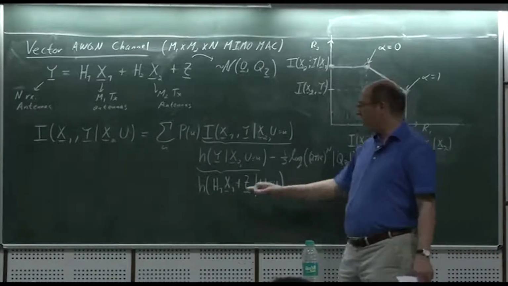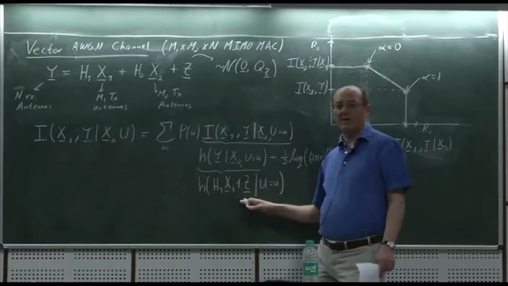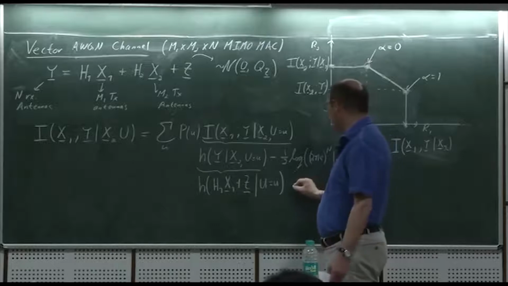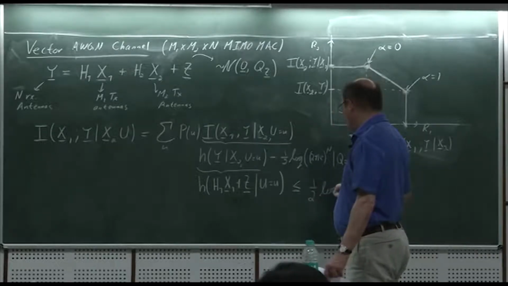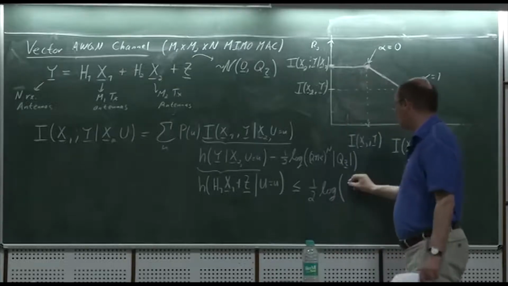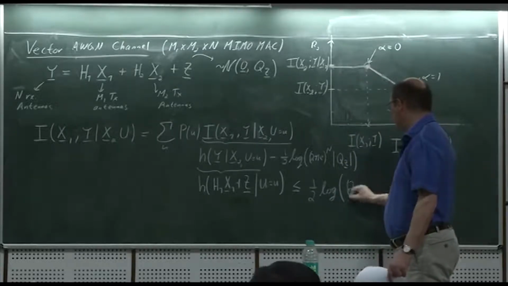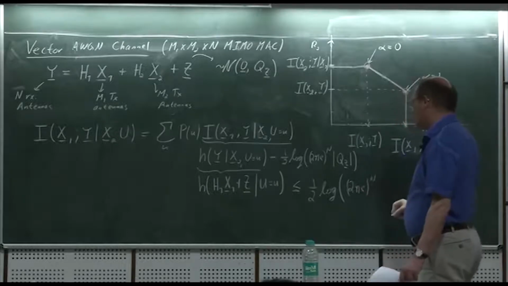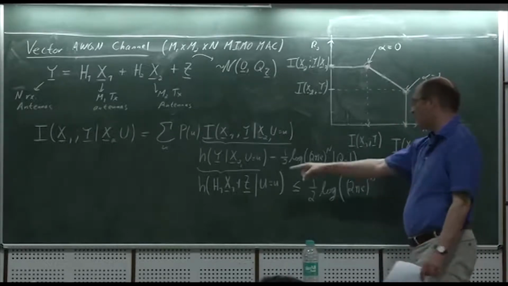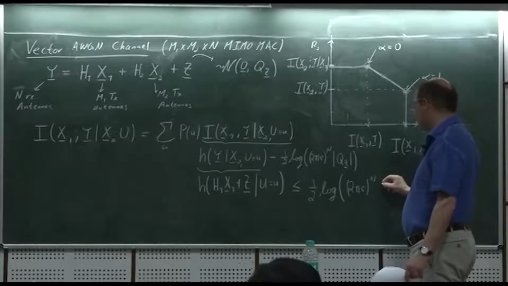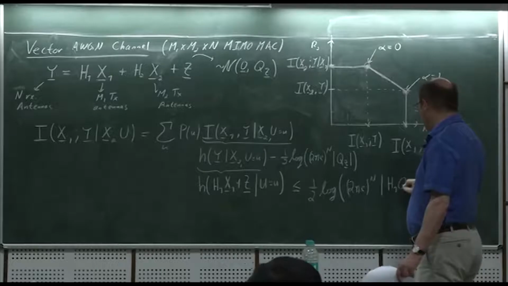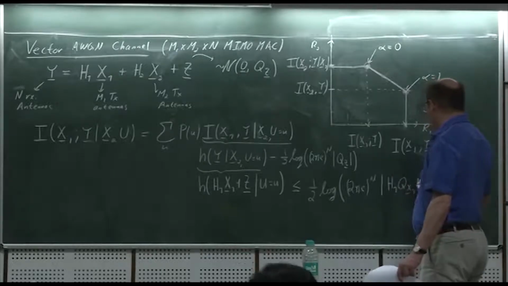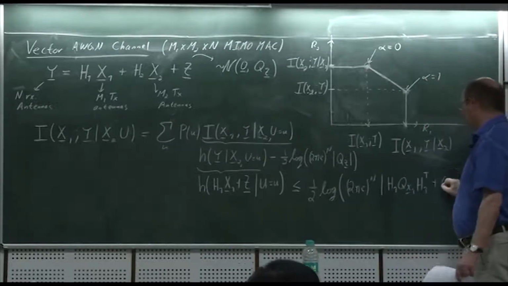And under a certain covariance matrix constraint, we know that a Gaussian distribution maximizes entropy. Same idea here. So this whole thing is less than 1/2 log of 2 pi e to the n, times the determinant of the covariance matrix of this, which is h1 qx1 h1 transpose plus qz.